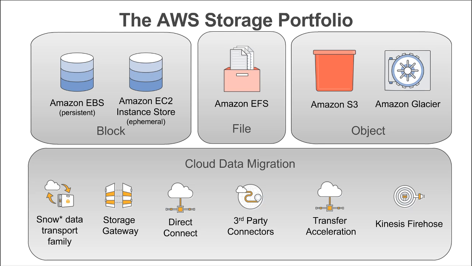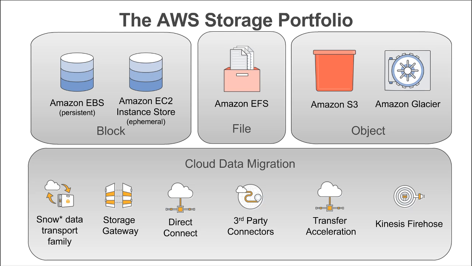I want to start with a brief overview of the overall AWS storage portfolio. We have three core classes of storage: block storage, file storage, and object storage. Block storage, which is EBS and EC2 instance storage, is storage where data is presented to your instance as a disk volume.